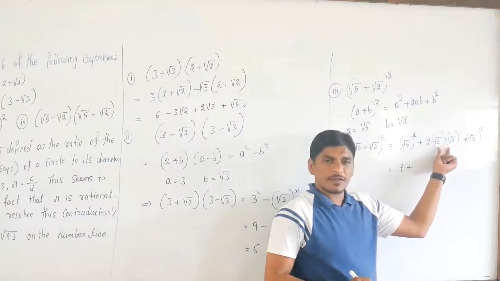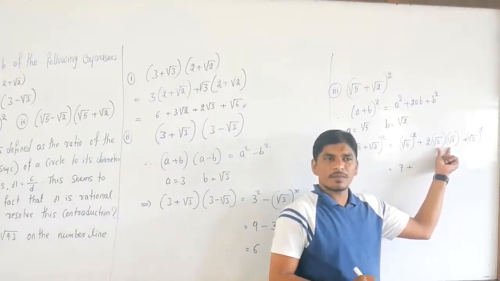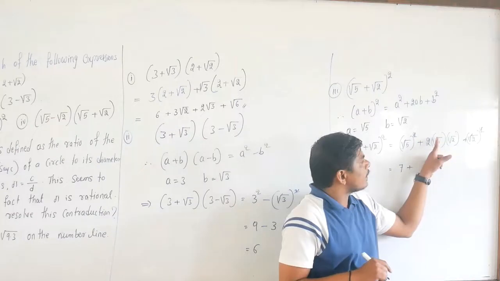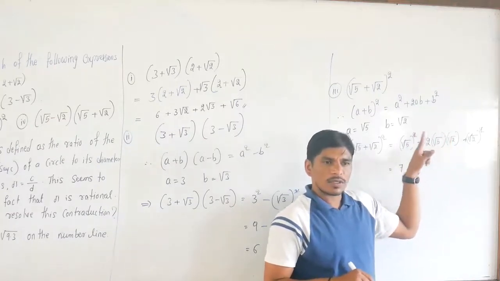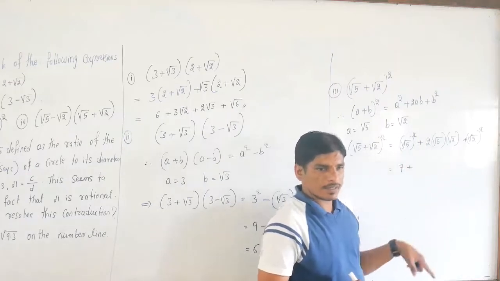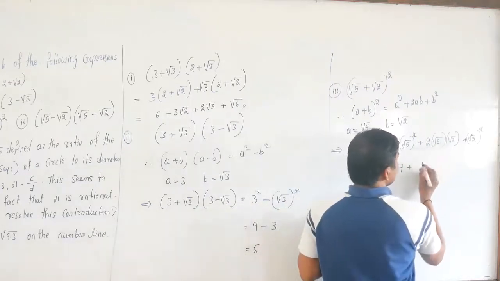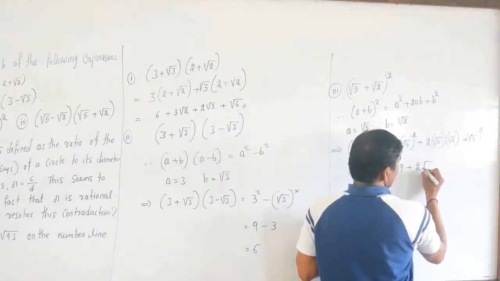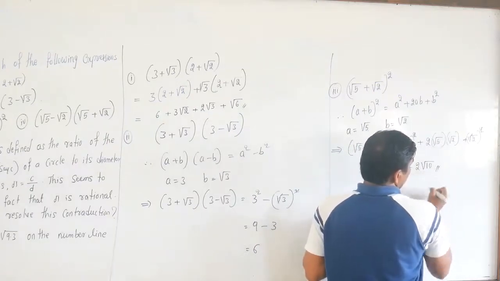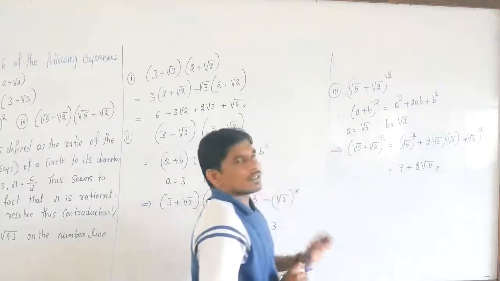Multiplication rule is both are the same order. Here also square root, both the radical signs and orders are same. Directly you multiply, 2 as it is, you write 5 into 2, 10, root 10. This is the solution of the third question.